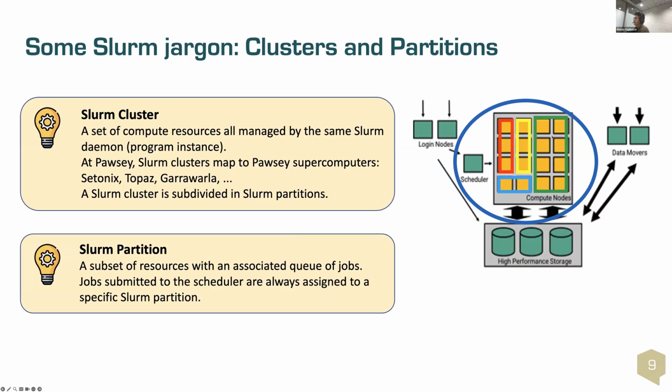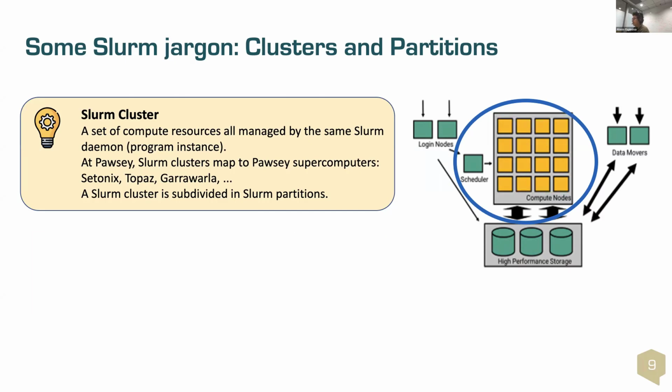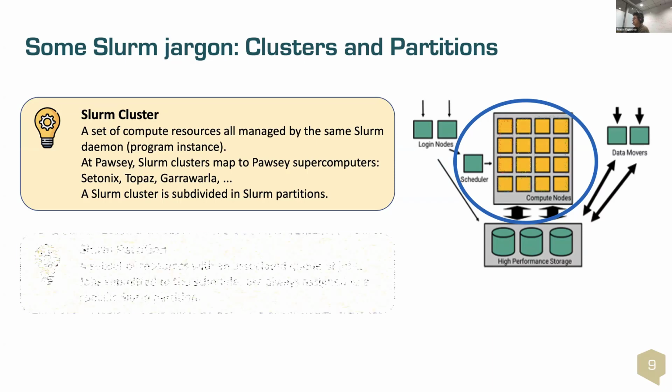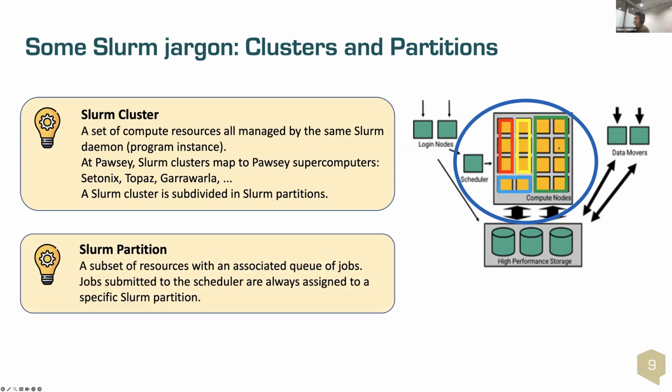is a subset of the nodes available. As the schematic is showing, these are all the compute nodes, but now you group them. So when you submit a job, you need to choose in which partition. For example, if this was all the resources available, you cannot run a job using the 16 nodes at the same time.